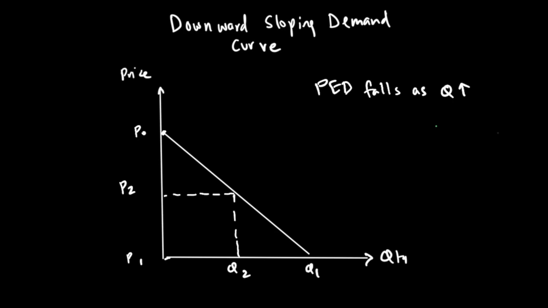Q1. So if you look at P naught, at this point, my PED of this demand curve will be infinity. But at this point, the very end, my PED will be 0. So PED is actually falling from infinity to 0 throughout the length of the demand curve. And right in the middle, my PED will be equal to 1.